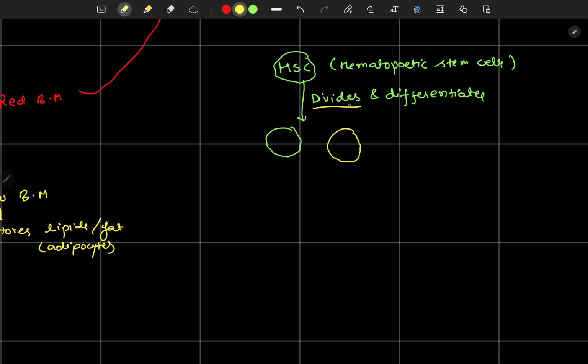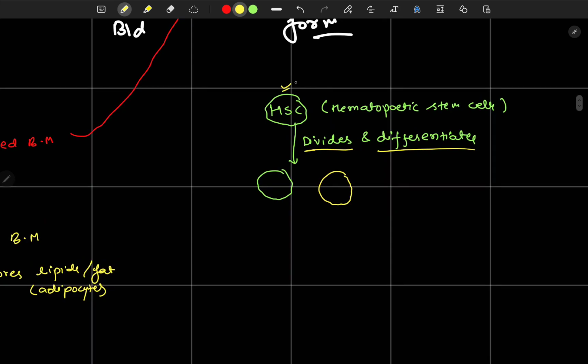But it is not only division that is present, there is also differentiation. The cell is also going to differentiate into some other forms. In our bone marrow, we always maintain a certain amount of hematopoietic stem cells, so that all the different types of blood cells can be formed.